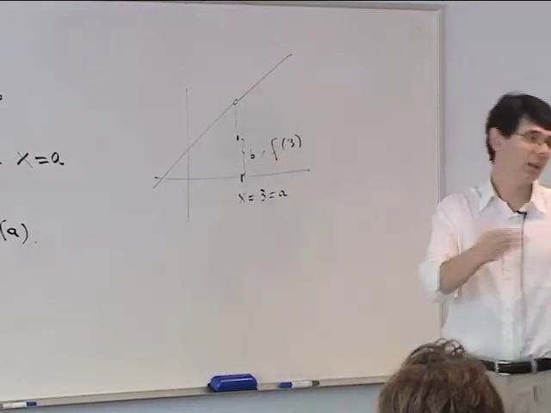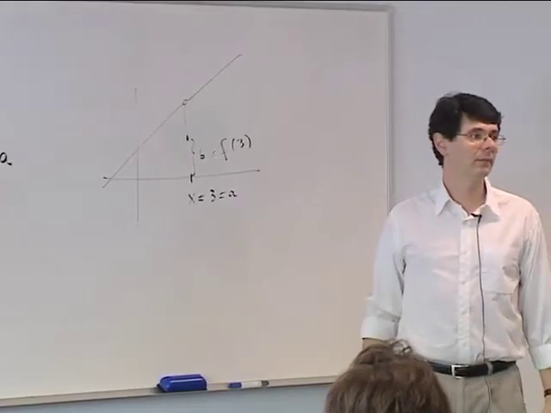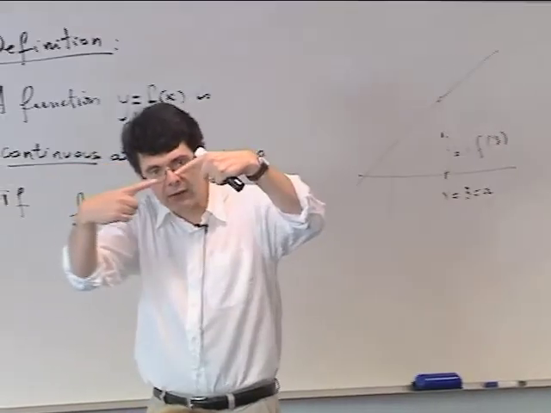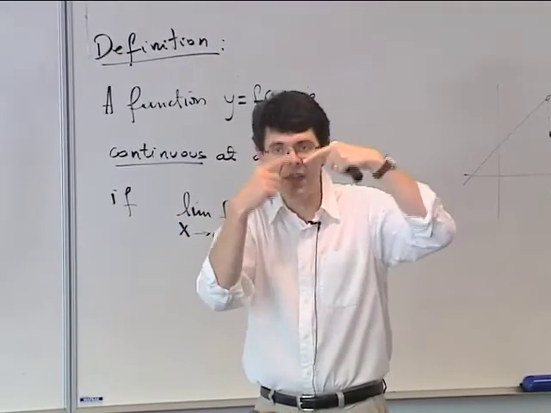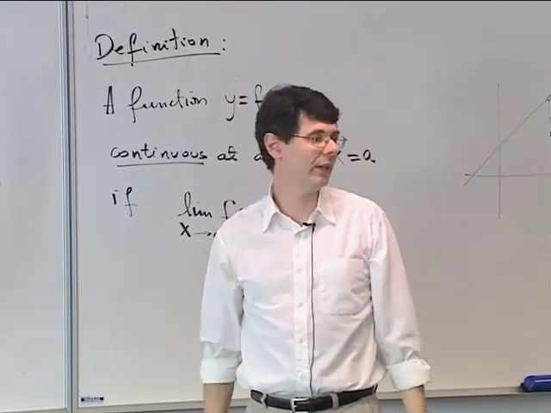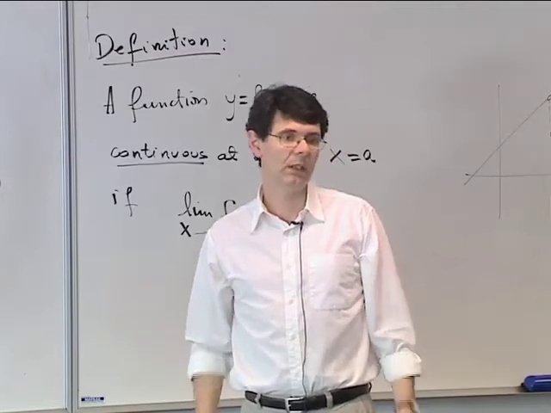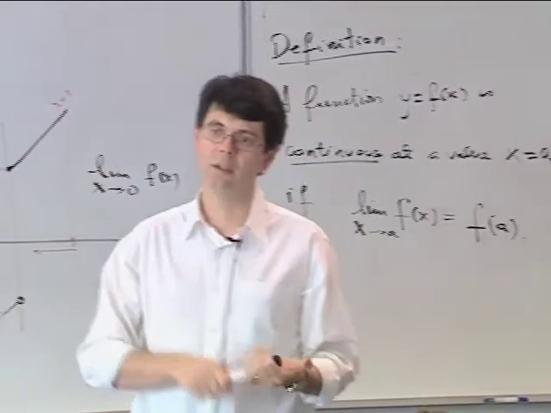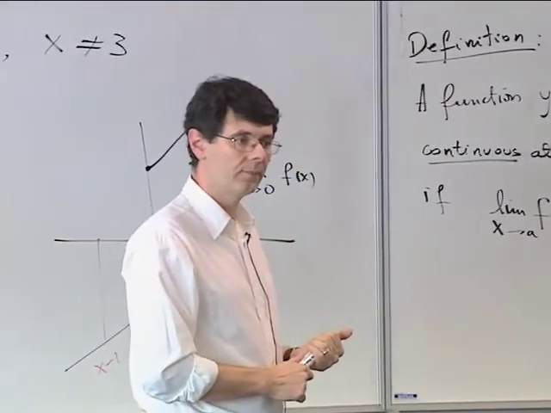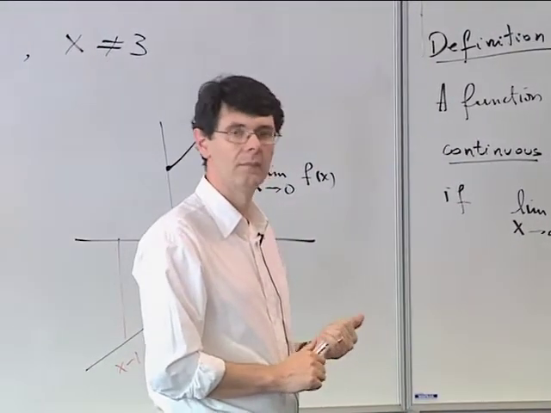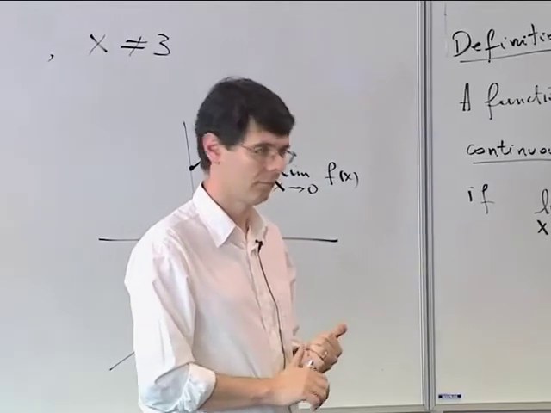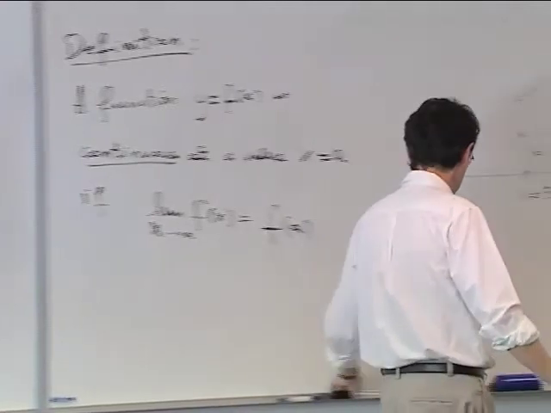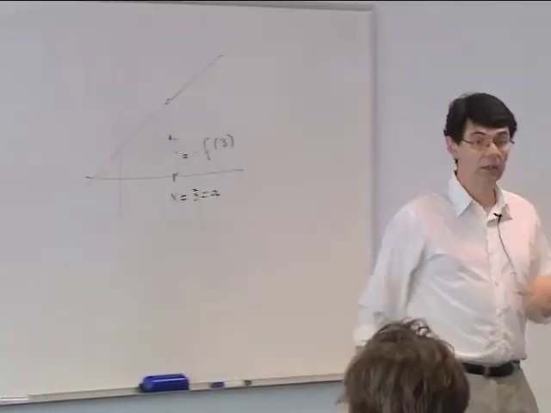If it's not 6, it's not continuous. So you have to have a limit from both sides going to the same number, and that number has to be the value f of a. If that happens, then it's continuous for that value of x. Okay? All right? That's what continuity is all about.